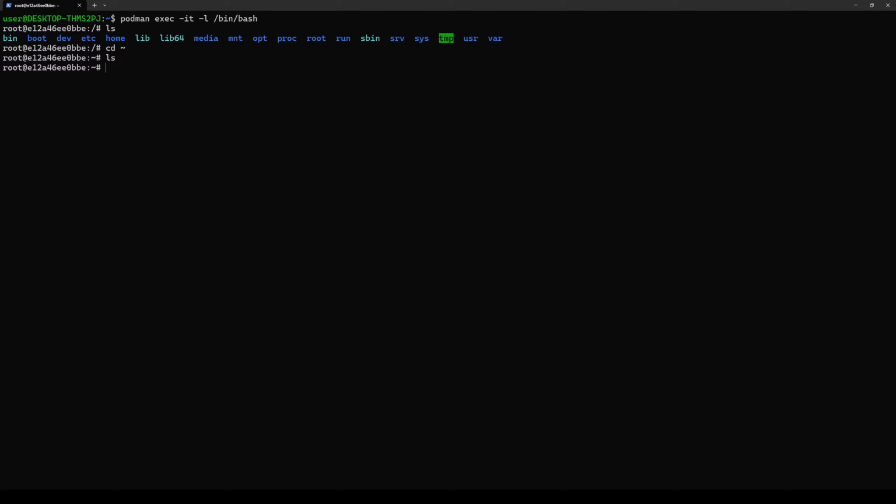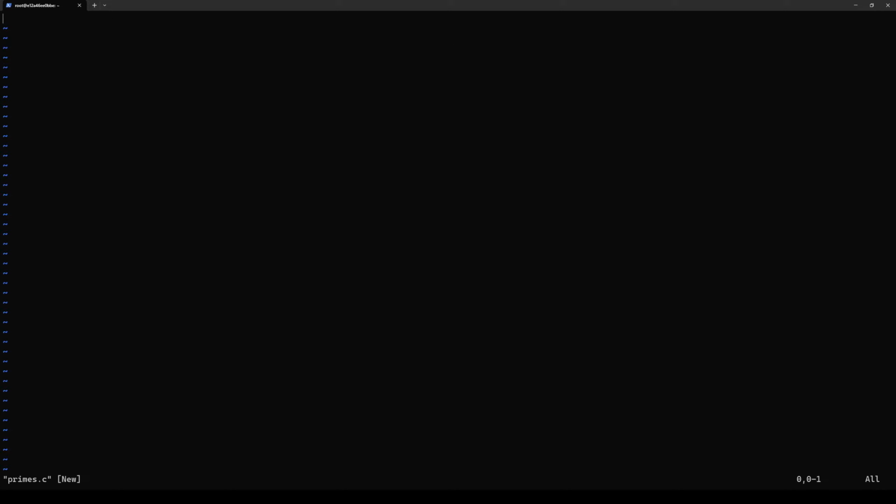So the first thing I need to do here is open Vim. I'm going to call this primes, so Vim primes.c. Then we will split horizontally.